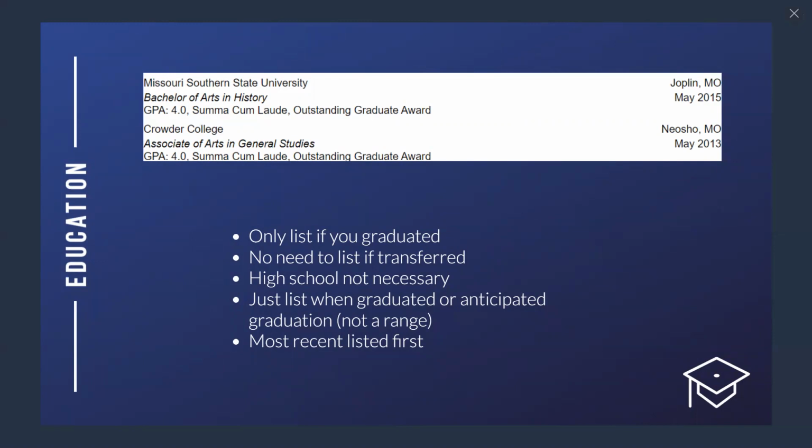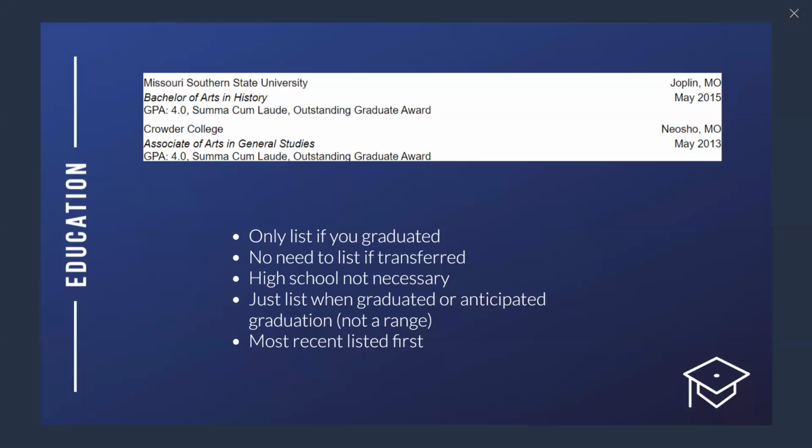So after I graduate with my bachelor's degree, if I went on to get a master's degree, my master's degree would be the first entry and then my bachelor's. And it's the same way with the example here on the screen. I graduated with my associate's first, so that is at the bottom, and then my most recent graduation is Missouri Southern with my bachelor's degree.